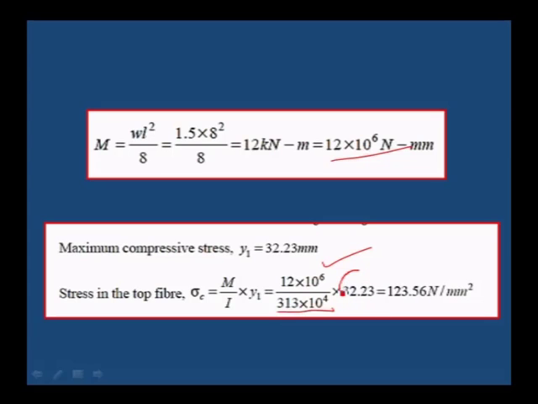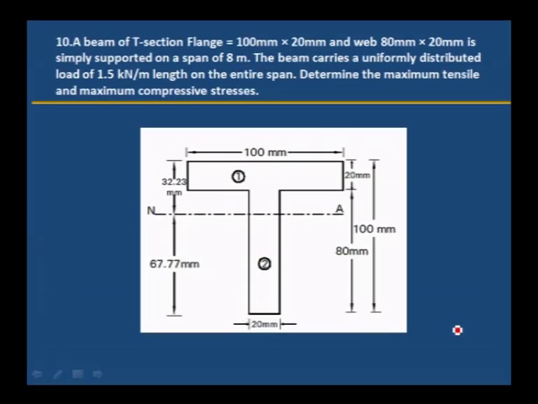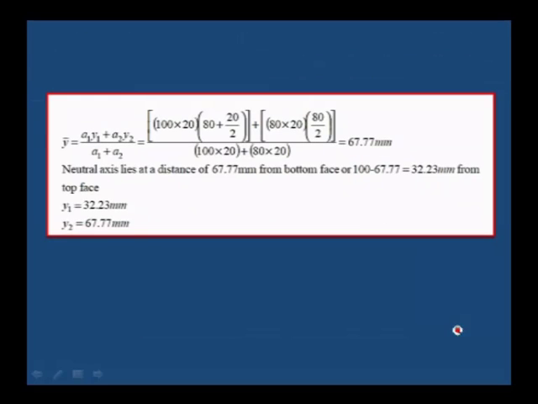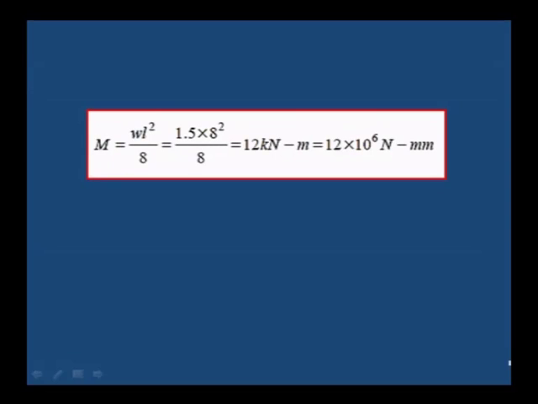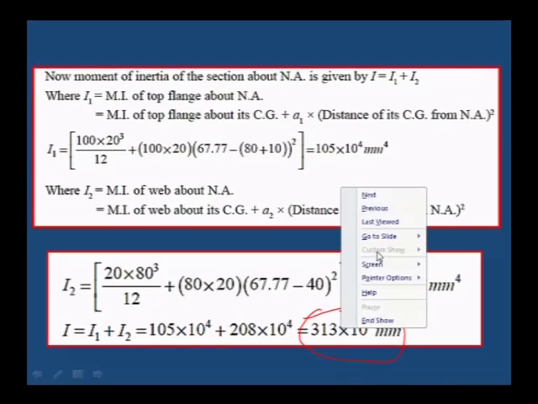Into the y1 value; y1 and y2 we have separated. Starting, we determined y1 and y2. y1 is 32.23 and y2 is 67.77, and the I value is 313 into 10 to the power of 4 mm to the power of 4.